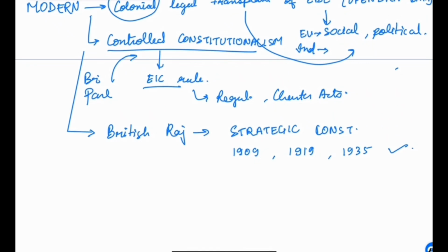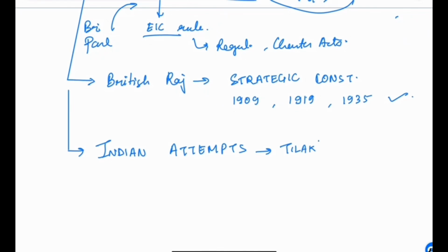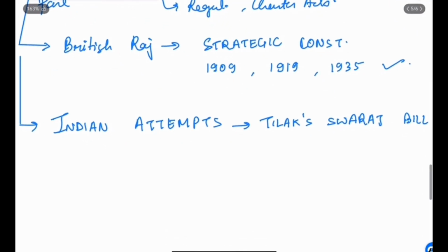Now apart from this, Indians were also trying to develop our own constitution. For example, Indian attempts: Tilak's Swaraj Bill, which was in 1895.